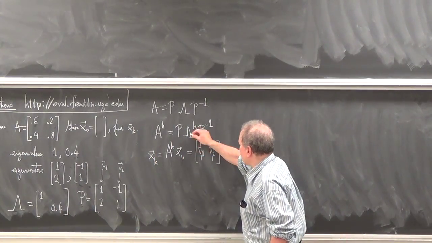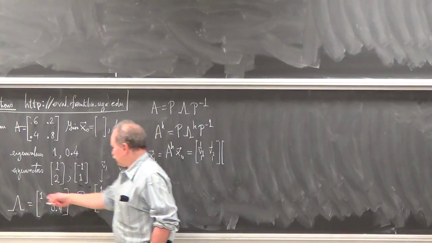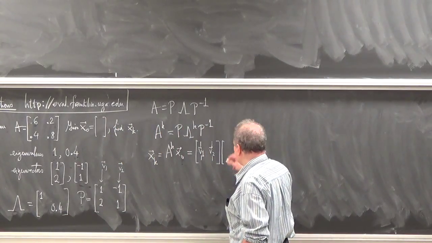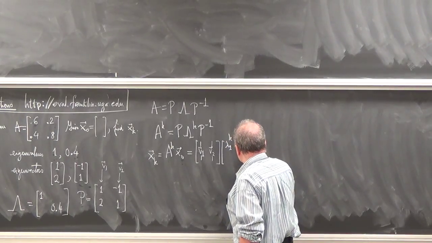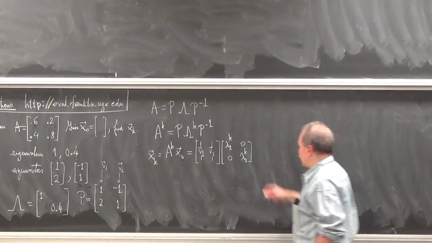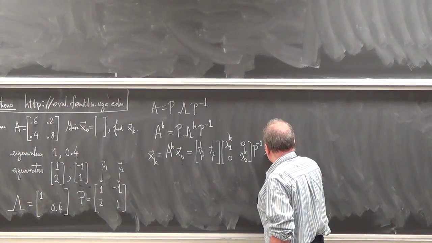What does lambda to the k look like? Well, in our case, it's going to have these numbers, but I'm going to write it down in general just for a second, and then I'll put it in this specific case. We're going to take the kth power of the eigenvalues, and then we're going to have P inverse times the initial vector.